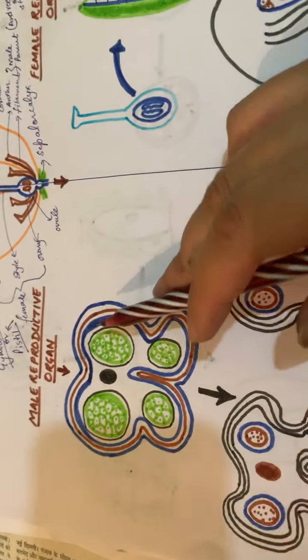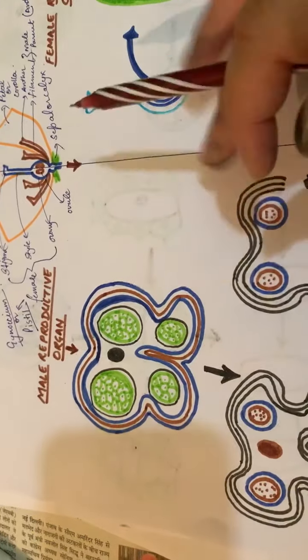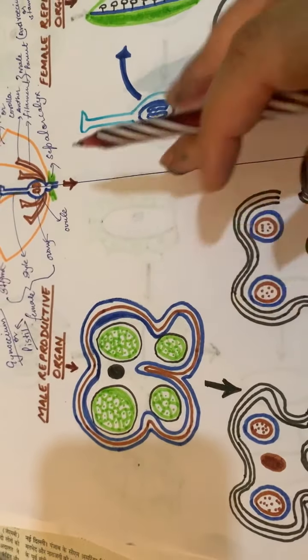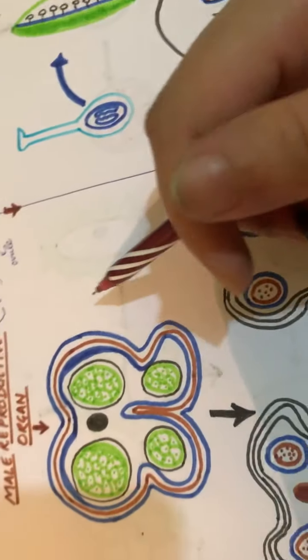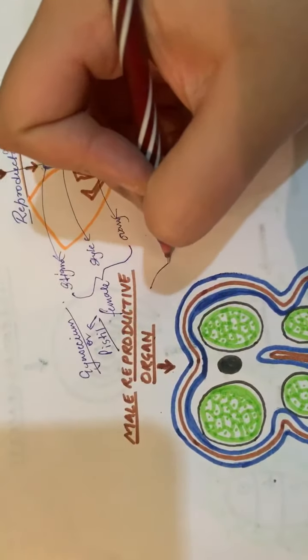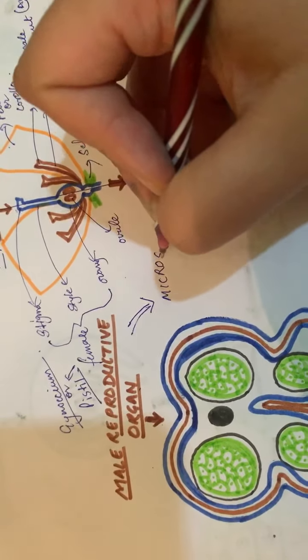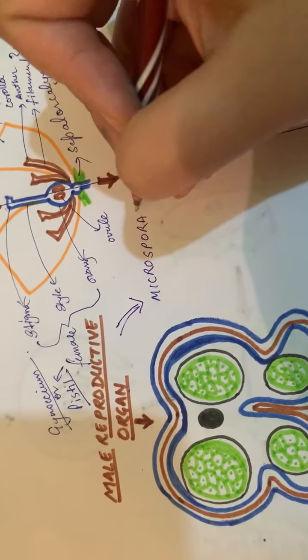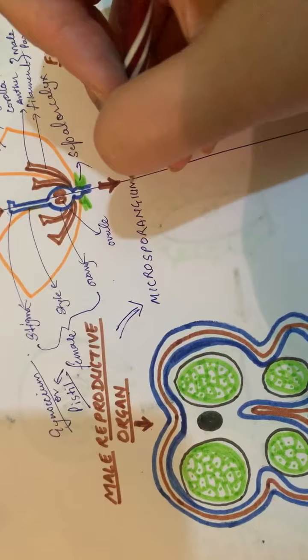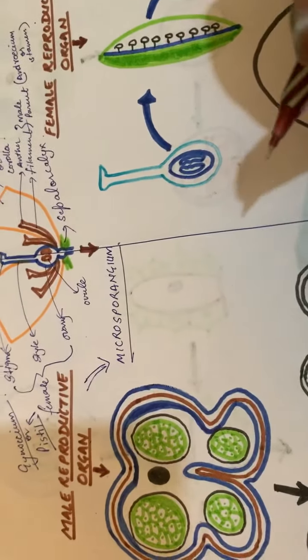So if I talk about the male reproductive organ, this is the structure of a microsporangium. What is microsporangium? It is a new word.